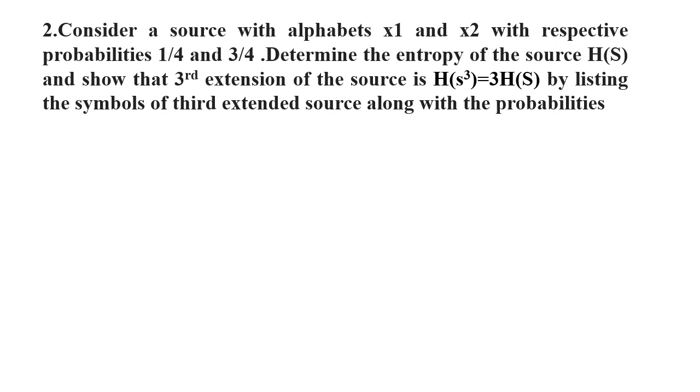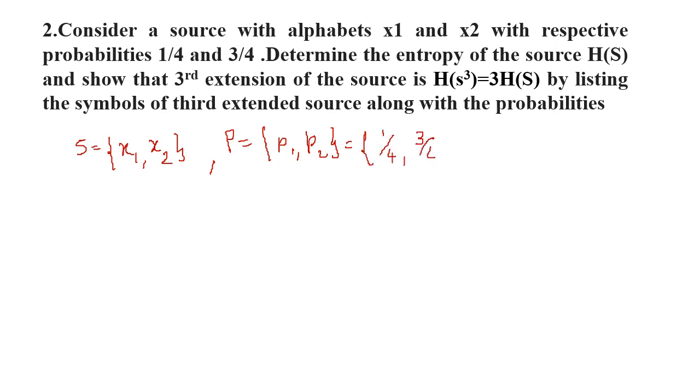So what is given here? The source symbols S is equal to x1, x2, and the respective probabilities P1, P2 are given as 1 by 4 and 3 by 4.